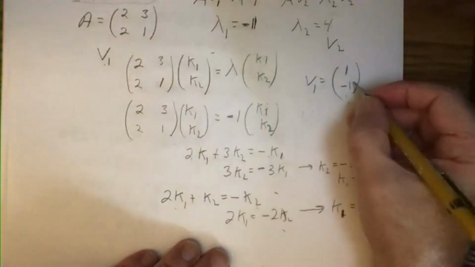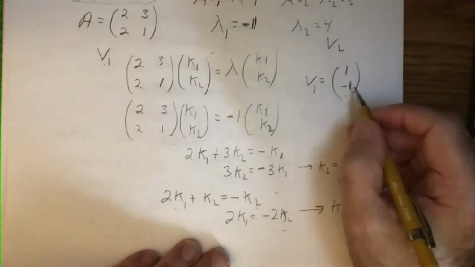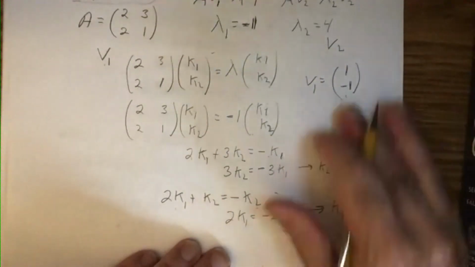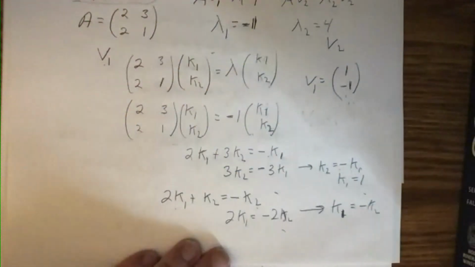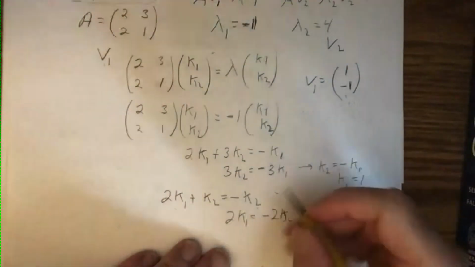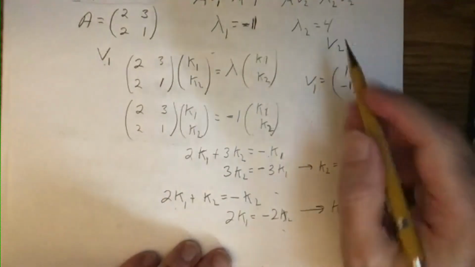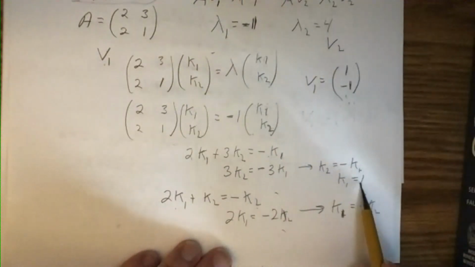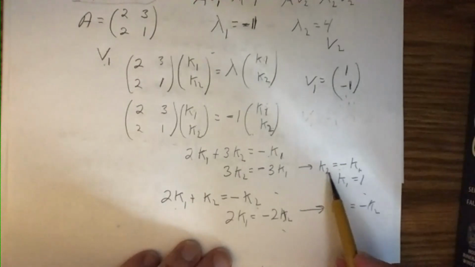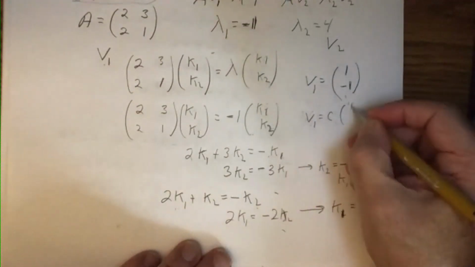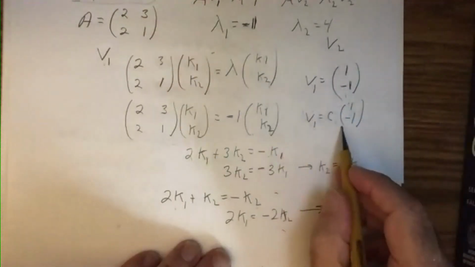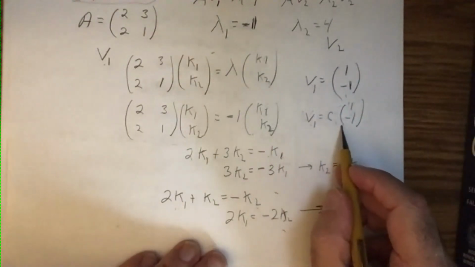There's also sometimes, maybe I shouldn't get into this, it'd be more confusing, you can also normalize this. But it's not necessary. I do want you to understand that I chose K1 to be 1 and K2 to be minus 1, but any constant would work.